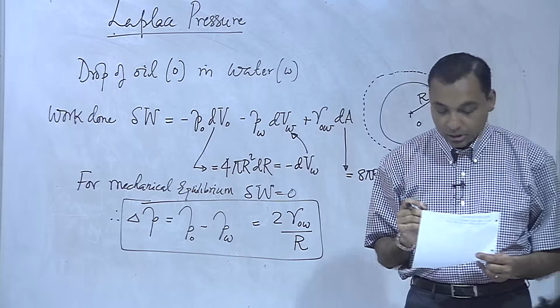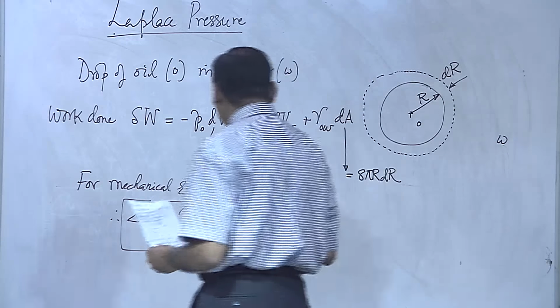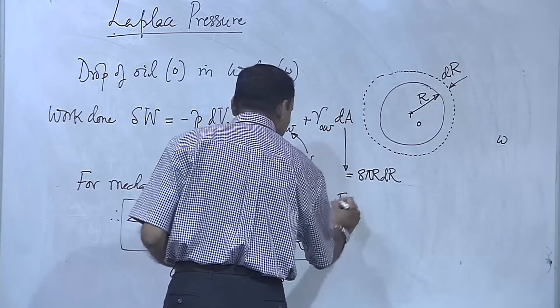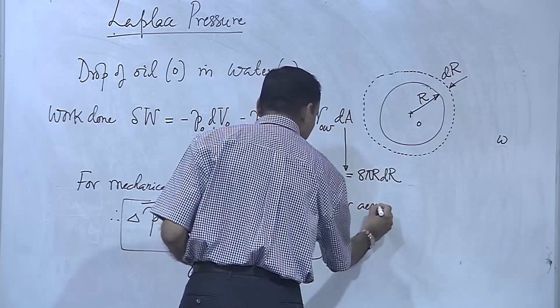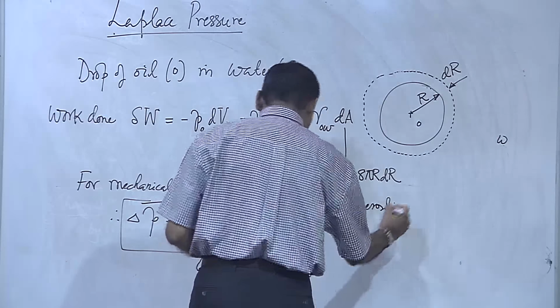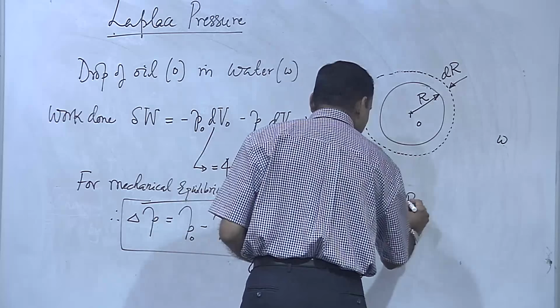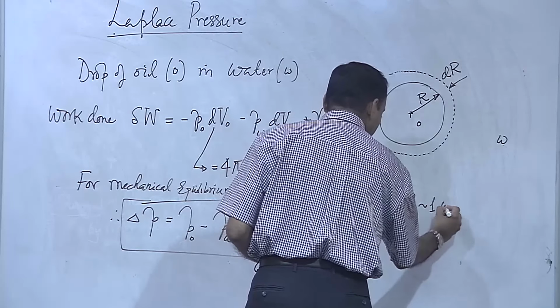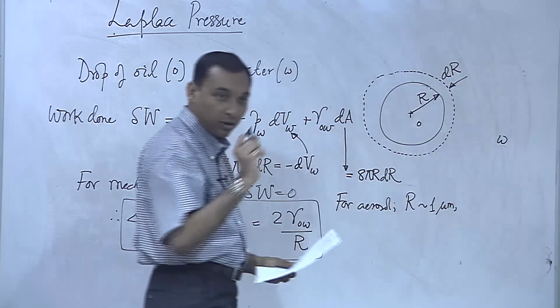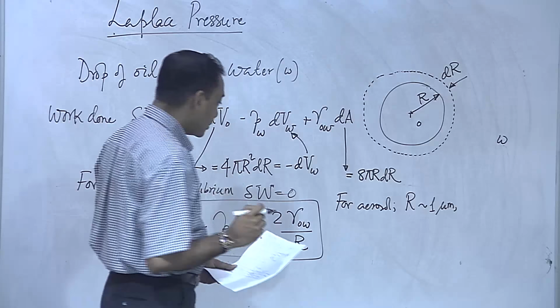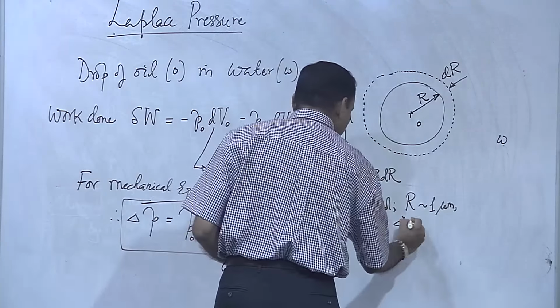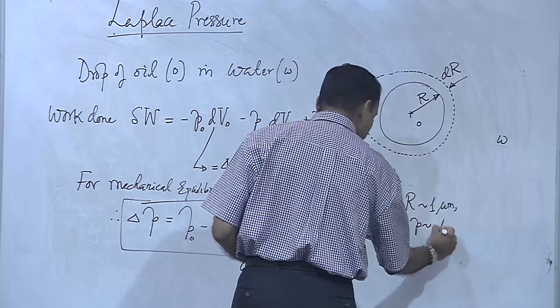So you can see that for an aerosol, your radius is close to 1 micron, a very small drop you can create. So delta P, the Laplace pressure, will be close to 1 atmosphere.